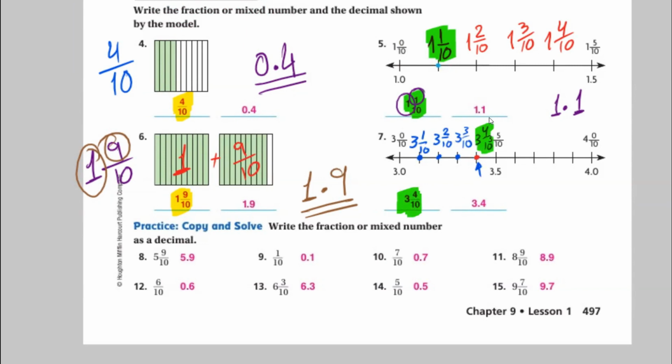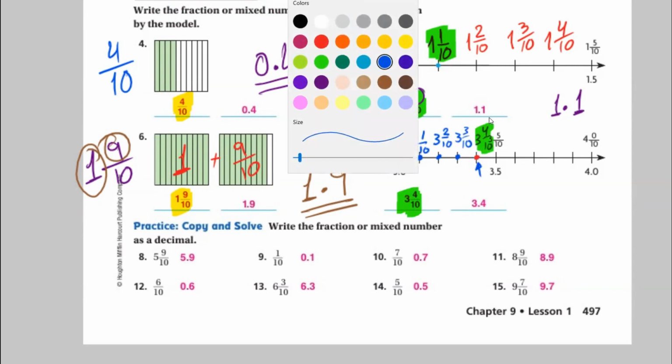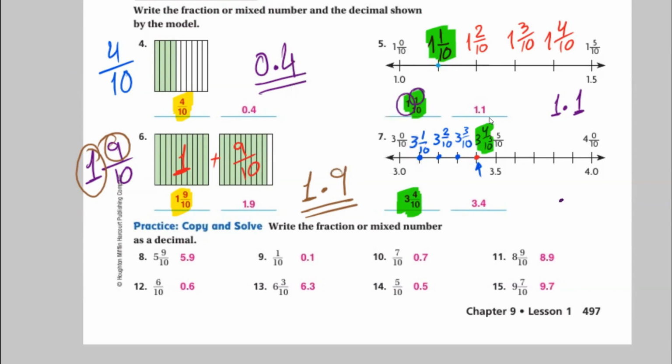Yusuf, how can we write it as a decimal number? 3.4. How can we write it 3.4? Why can't we write it 4.3? It's not related to bigger or smaller.